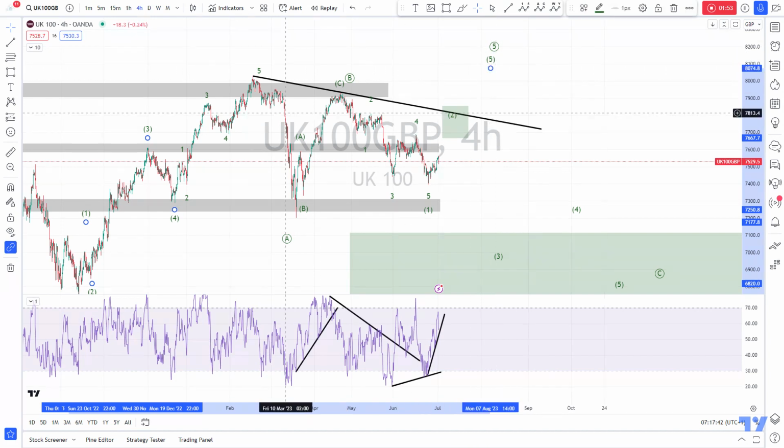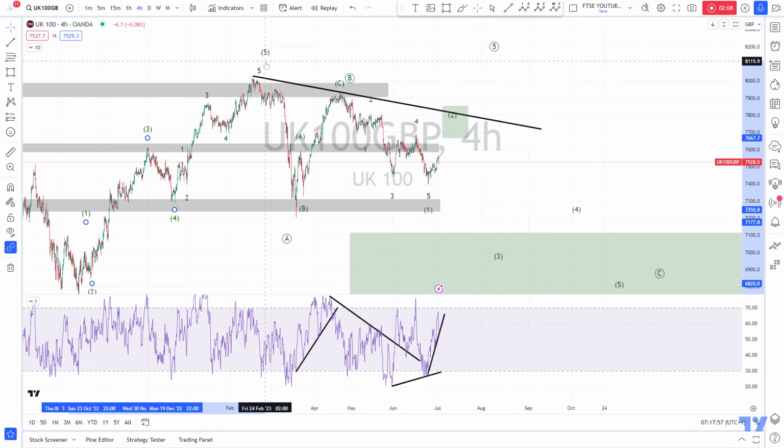And if this happens, I think this will play out as a triangle, like a B, C, D, E as a wave 4, and then a final push to the upside. It's not my primary scenario, but it is a scenario that can happen.